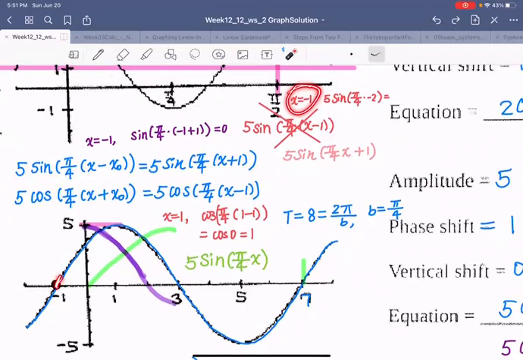x equals -1. Pi over 4 times (-1 minus 1), which is -2, equals -pi over 2. Sine of -pi over 2 is -1. Oh my gosh.